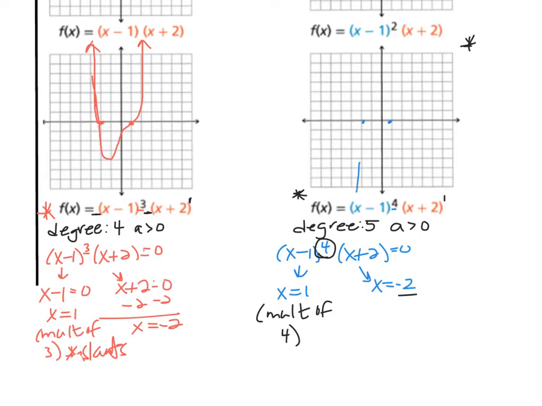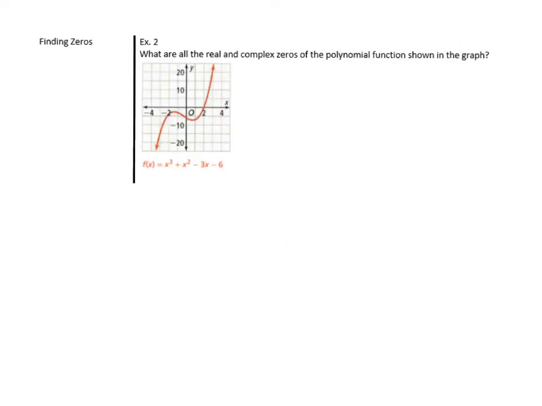It's going to go up through that negative 2, and as it comes back down, it kind of flattens out. Let's see if I can make that happen. Oh, I was pretty close, wasn't I? And goes back up like so. So it flattens out when it intersects that 1 and then comes back up. I know, kind of strange looking. We won't have a lot of multiplicities of 4 on our graphs, but that's what it would look like.